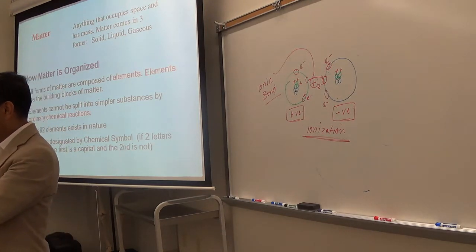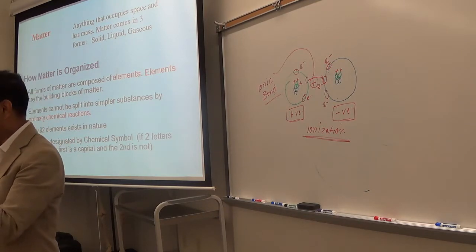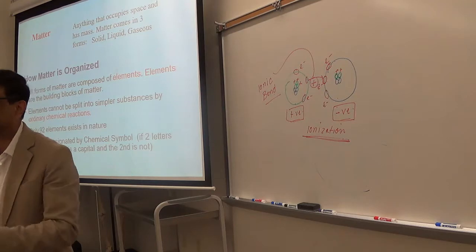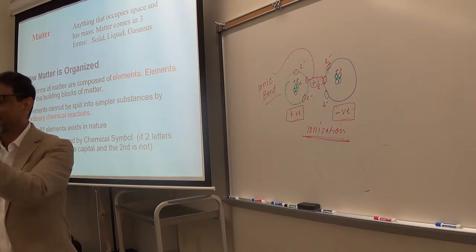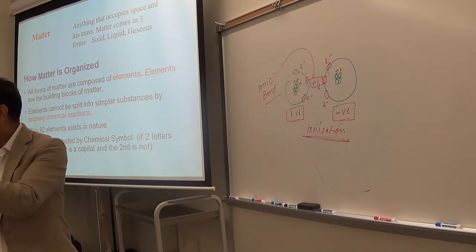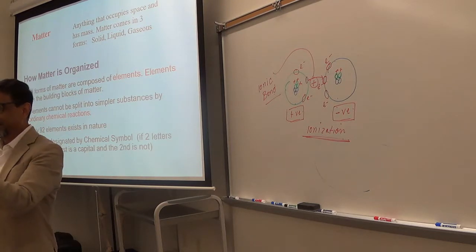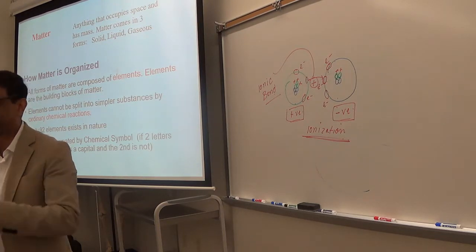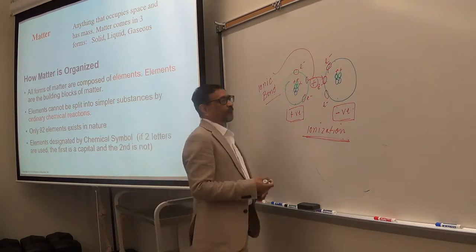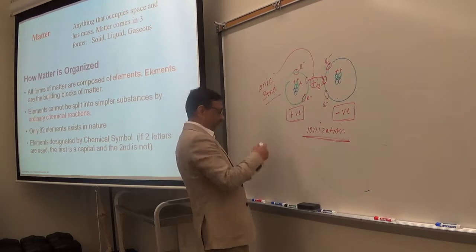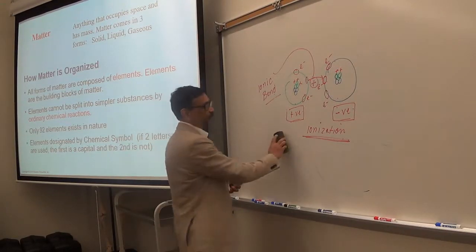We know positive and negative attract each other, right? So that is the attraction or bond to form a molecule. Atoms will join together by that attraction to form what? Molecule. We know hydrogen and oxygen together form water. So that is ionization, how an atom becomes an ion.